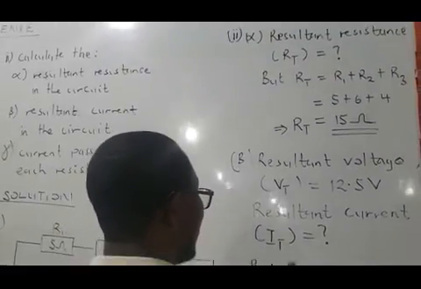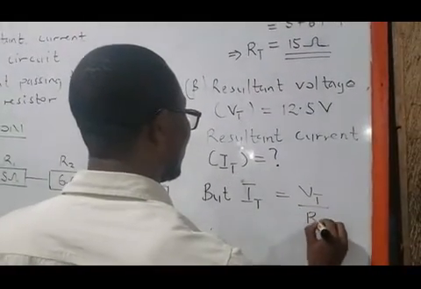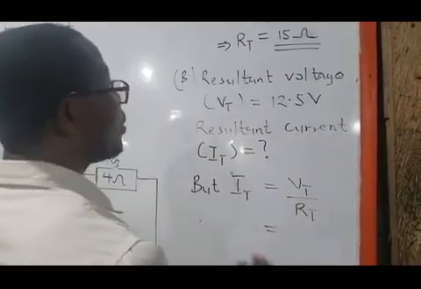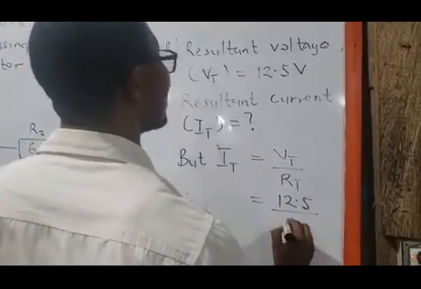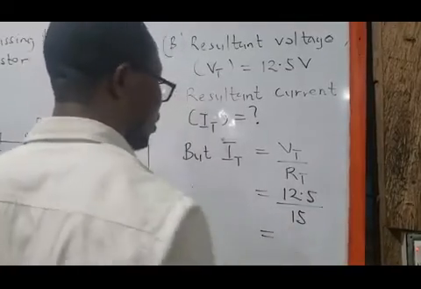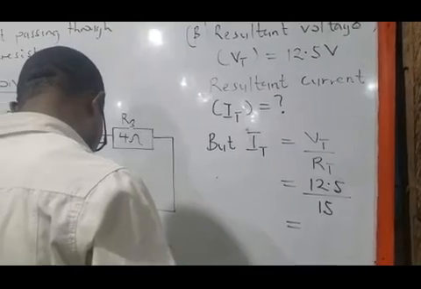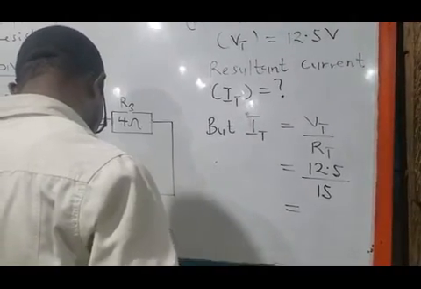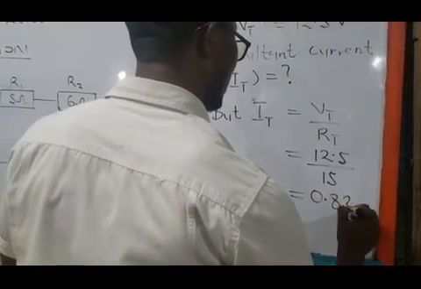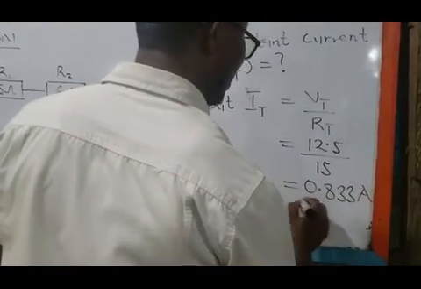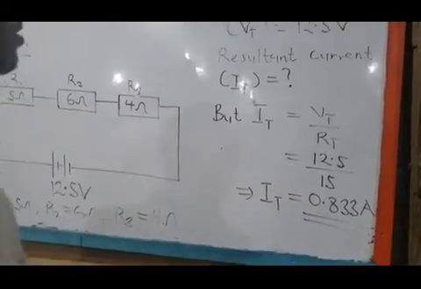From Ohm's law, IT is the total voltage over the total resistance. So the total voltage is 12.5, the total resistance is 15, and that gives 0.833 to 3 decimal places amperes. So that's the total current.